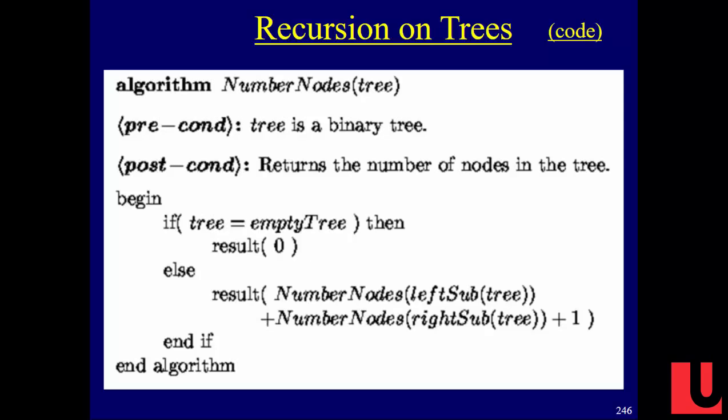Probably tree is a pointer, and so the pointer is probably nil. Then the result is 0, and otherwise you recurse on the left subtree and the right subtree, and you can use whatever notation you want, tree.left, tree.right, whatever. I actually wrote these slides before we switched over to Java, but anyway, it's pseudocode. Everybody good with that?